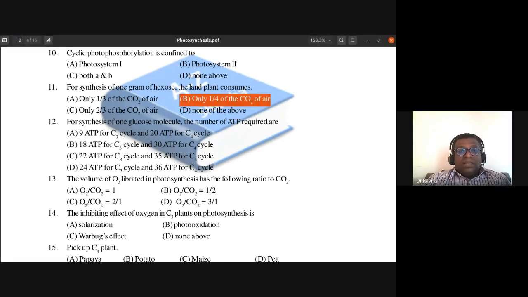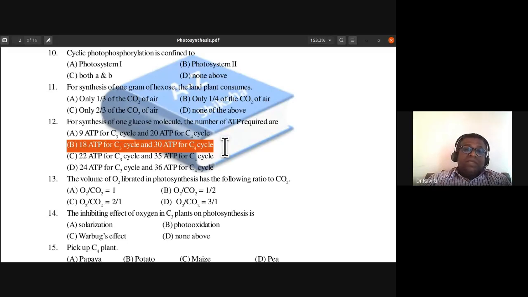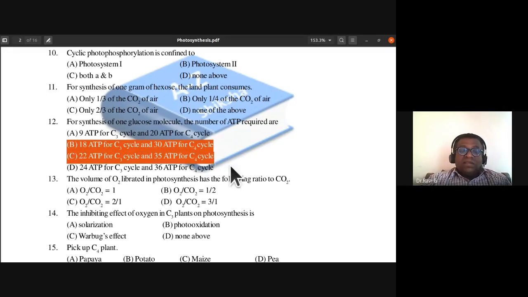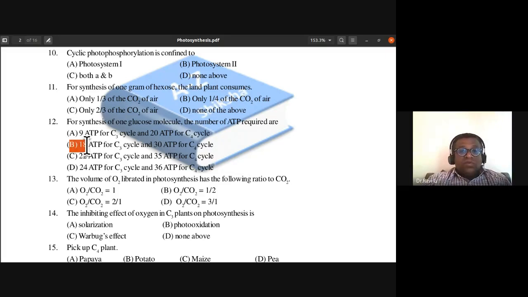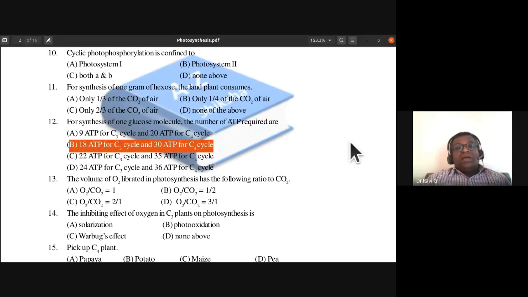So for the 12th one, they require 18 ATP for the C3 cycle and 30 ATP for the C4 cycle. So for the synthesis of one glucose molecule, 18 ATP are required for the C3 cycle and 30 ATP are required for the C4 cycle.